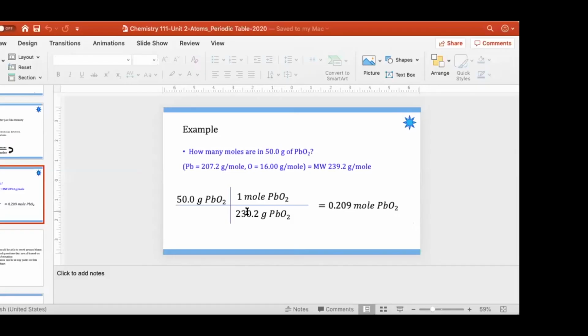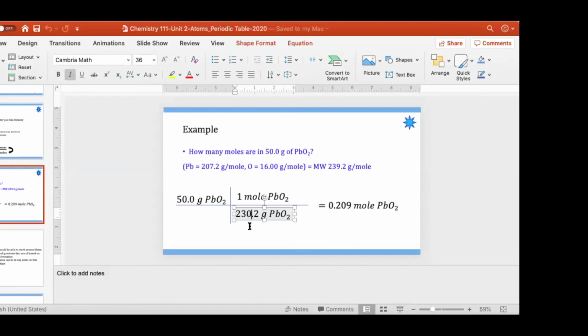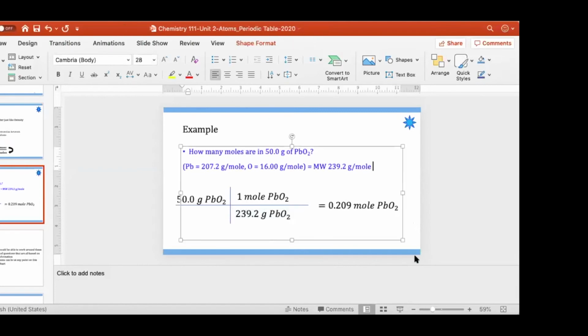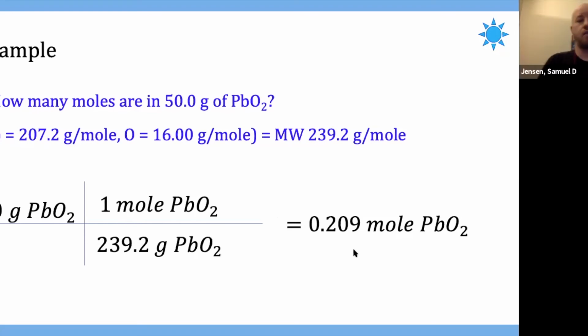I see where you're getting at. Yes, typo in that. So then the question is, did I do the calculation right? Yes, I did the calculation with the right number. I just didn't write the right number in there. Yes, molecular weight is the 239.